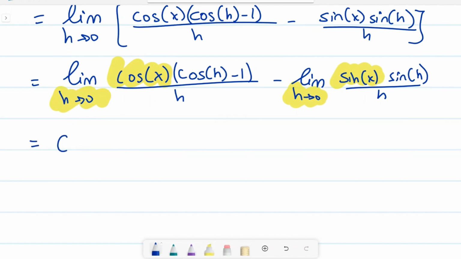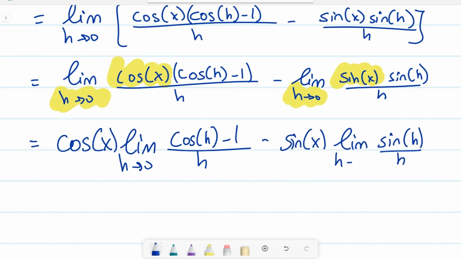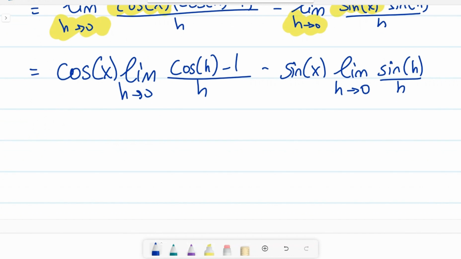So we can take the constant out, and this leaves us with the limit of cos h minus 1 divided by h as h approaches 0. And we take the sine x out, this leaves us with the limit of sine h divided by h as h approaches 0. And these are the limits we proved earlier today.